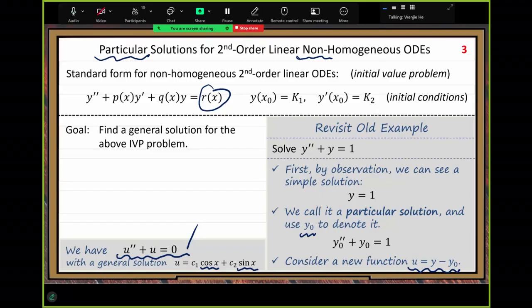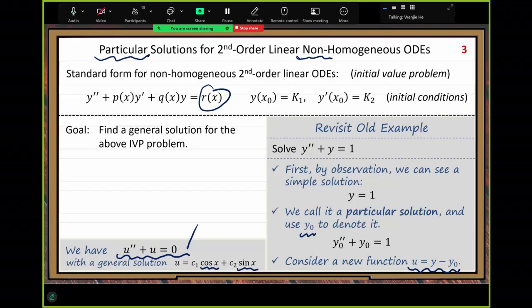Sine x double prime is negative sine x, so they add together to 0. So two solutions. Now we use the linear combination c1 times cosine x plus c2 times sine x. We know it's also a solution, right?